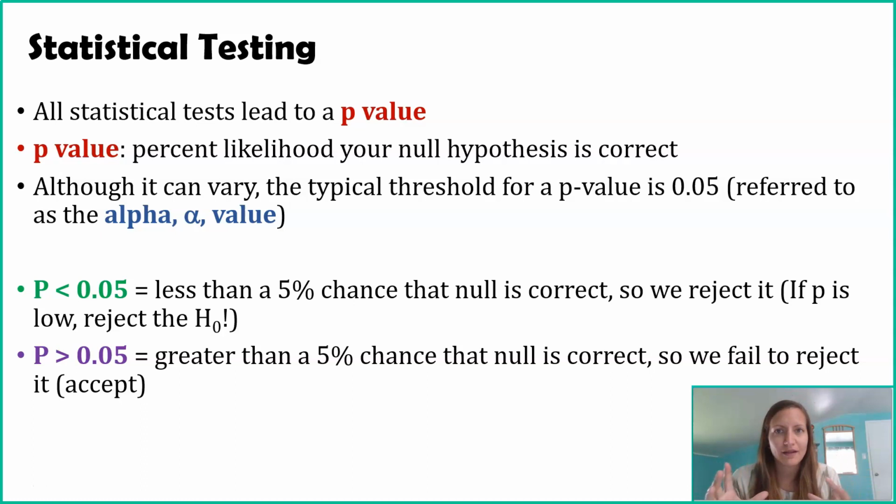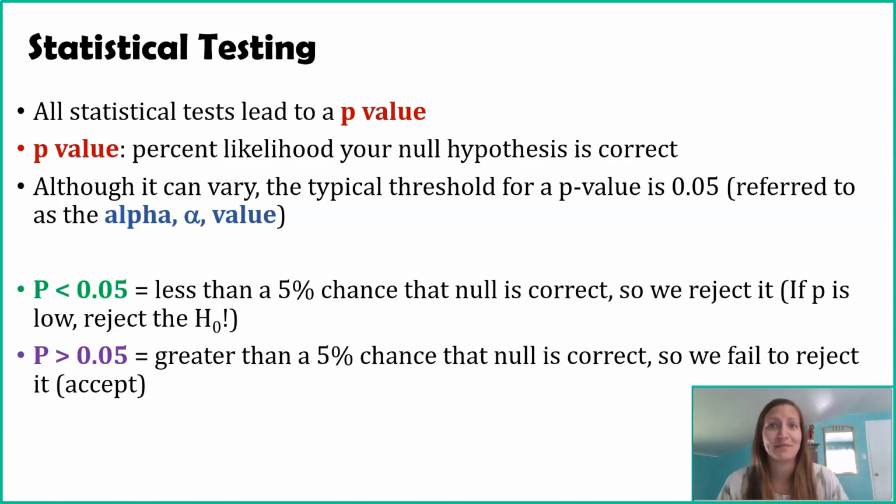Now, that double negative can sometimes be hard to wrap your brain around. More or less, you're accepting the null. There's nothing going on here. In science, we really don't like words like accept or prove. We'd rather reject things or support things, mainly because we recognize we have not gathered every single piece of data.